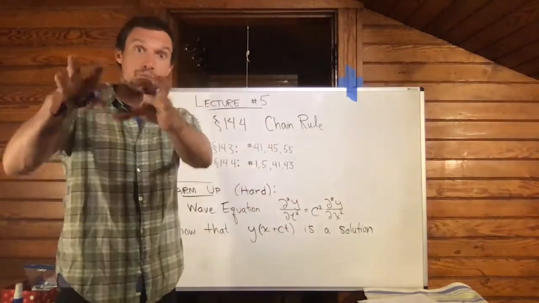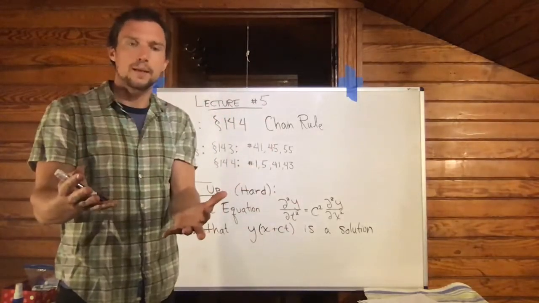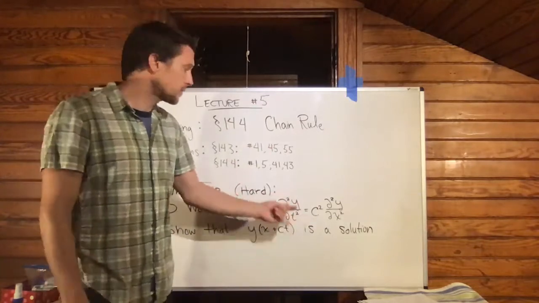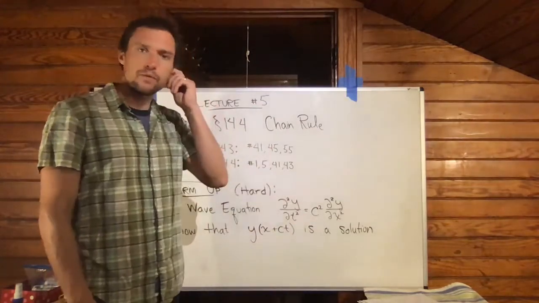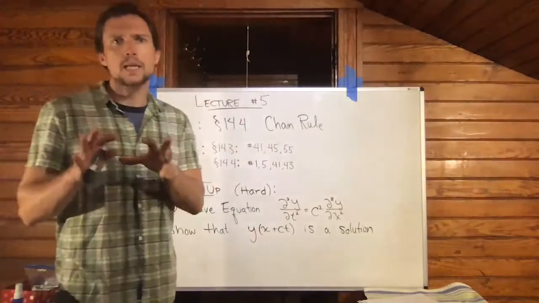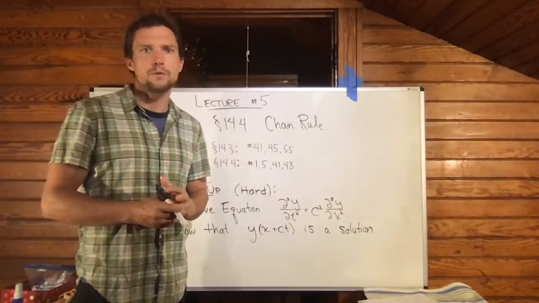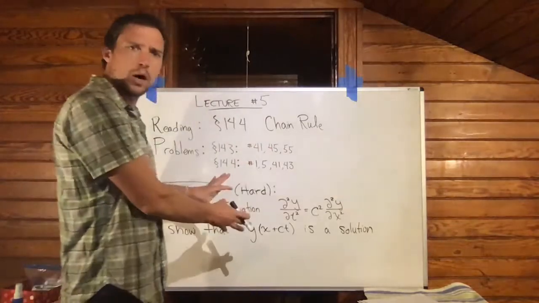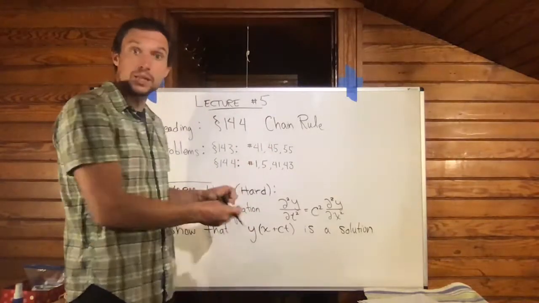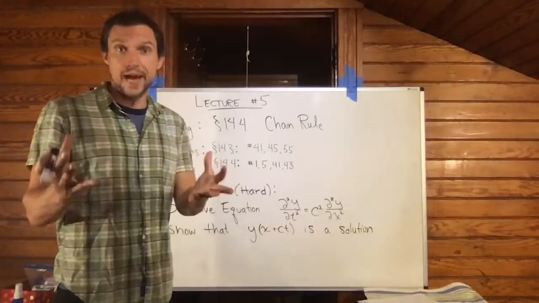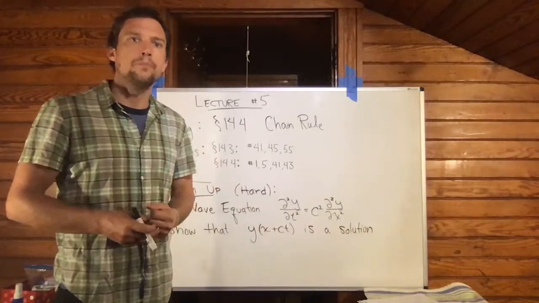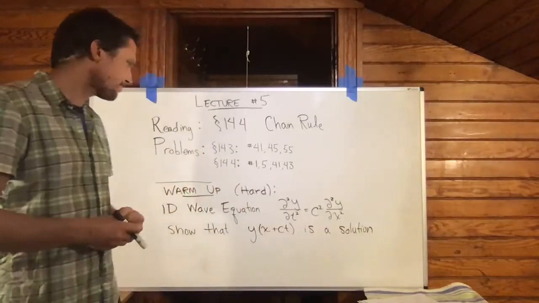I take the partial derivative of my answer with respect to t. All right, so that's how multiple partial derivatives work. And I'll discuss that in the section where I finish up chapter 14.3. So if you want to wait on this warm-up problem until you see that part of the lecture, feel free to do that.